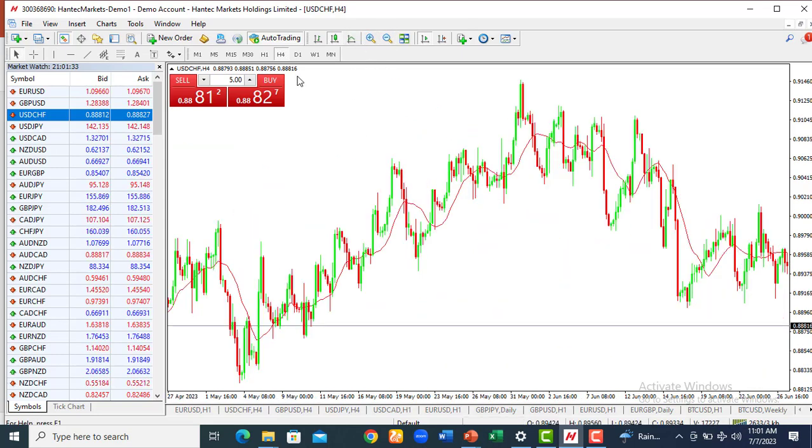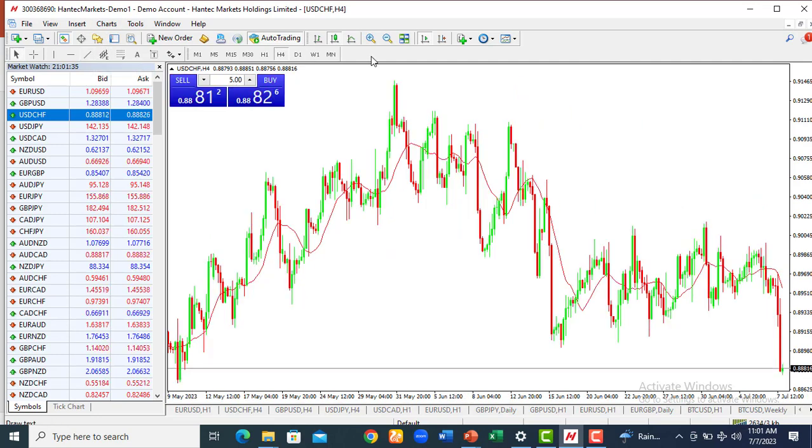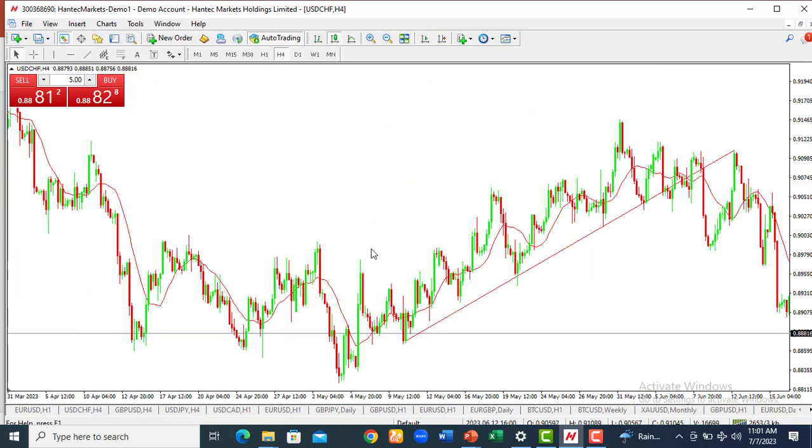Now let's say we draw our trend line, I want to take it from this obvious support here.